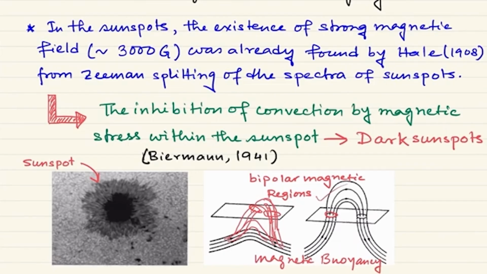Now, that was only a very schematic explanation of what bipolar magnetic regions are and how they form. But the true story is much more complicated, and it is still a matter of ongoing research: what is the relation between the characteristic size of a sunspot and the corresponding magnetic strength of that region, and why exactly bipolar magnetic regions are formed, in much more detail.